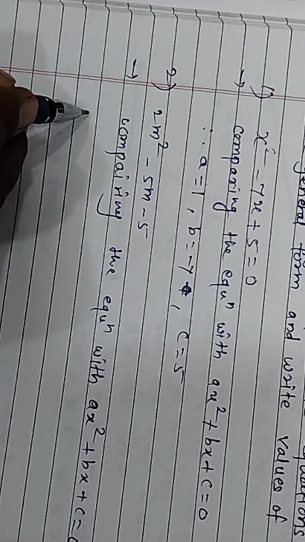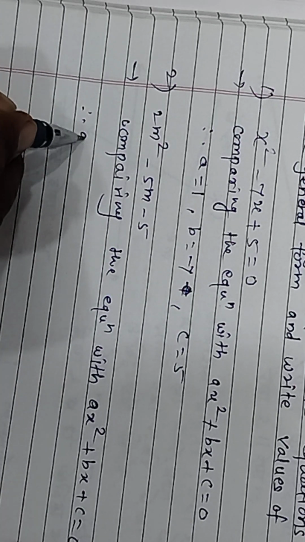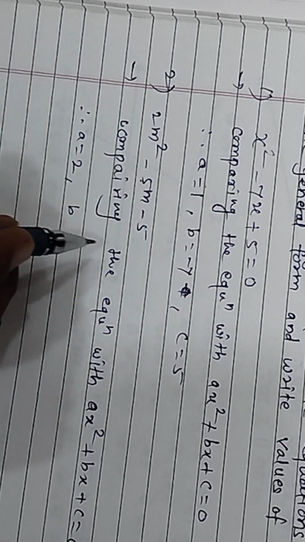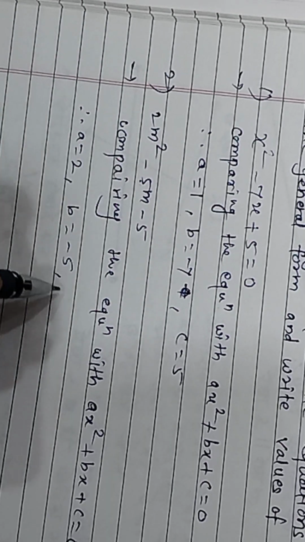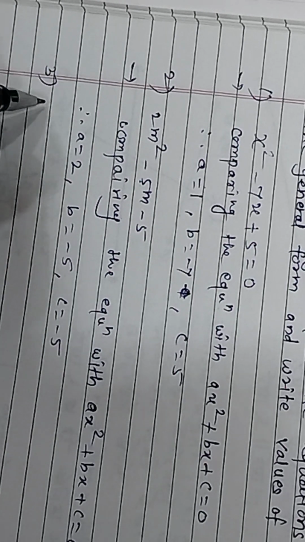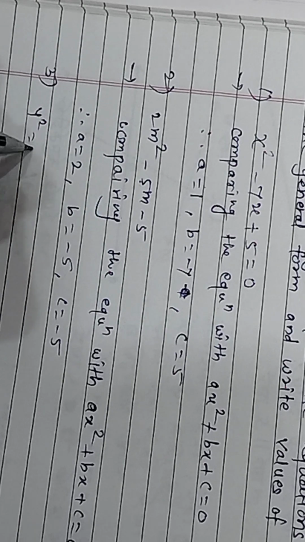Therefore here we write a is equal to 2, b is equal to minus 5, and c is equal to minus 5. Third example is y square is equal to 7y.